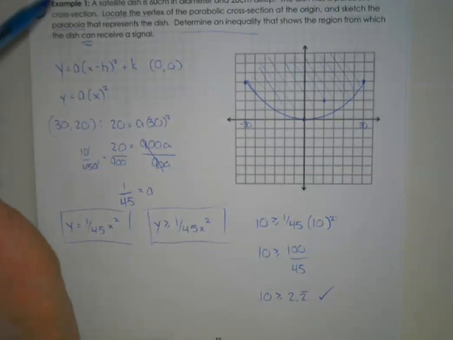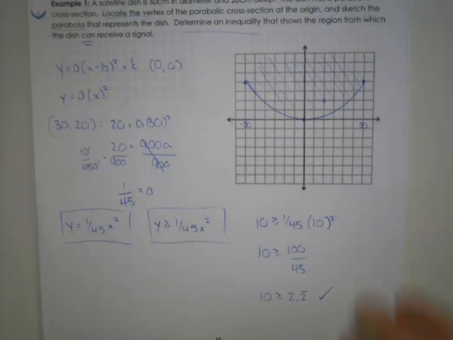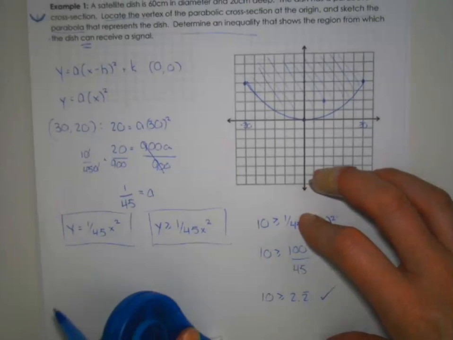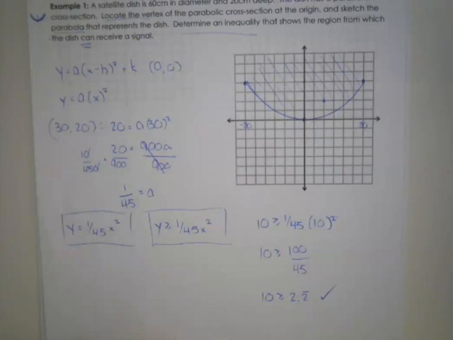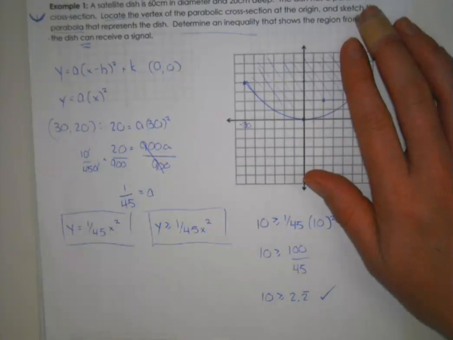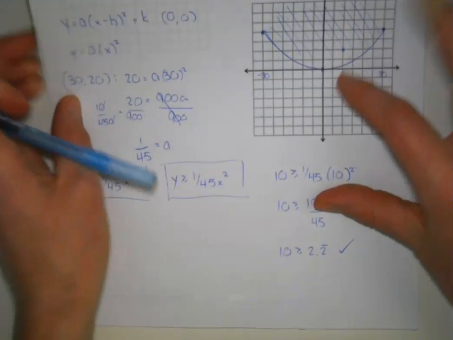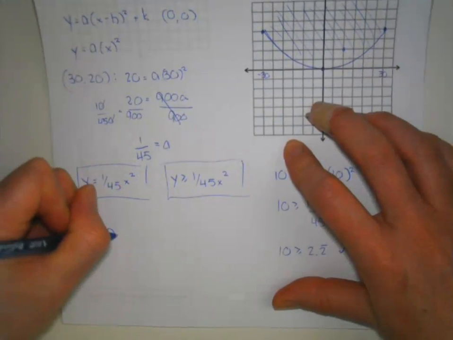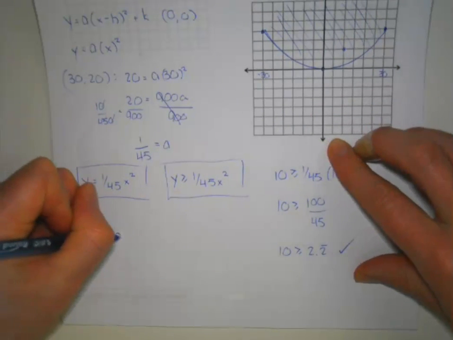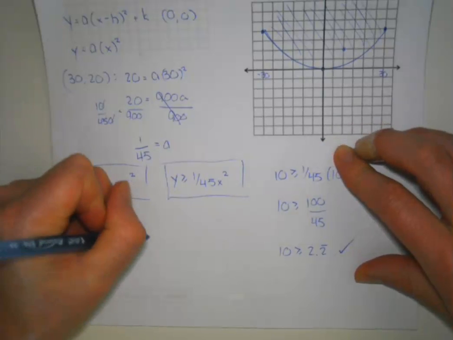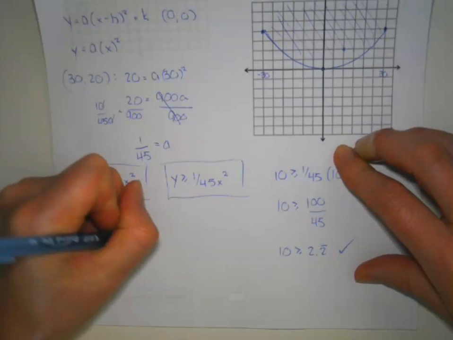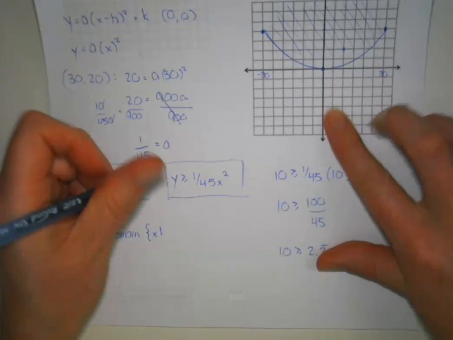Now, it doesn't actually ask you for this in this one, but I would like you to be able to, because in the tests you will have the requirement to write a proper domain for a word problem. The important thing with writing a domain is that you always have to remember to account for the reality of the situation. So if we were writing our domain for this one, we would put x and then our line.